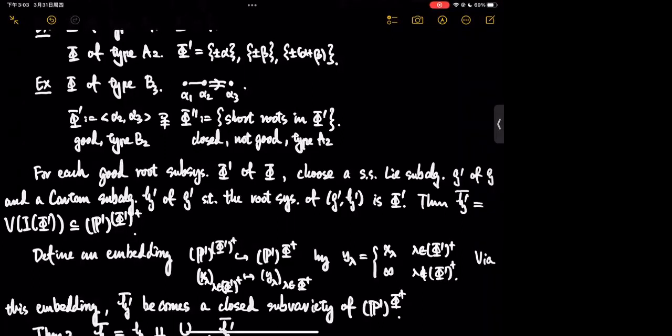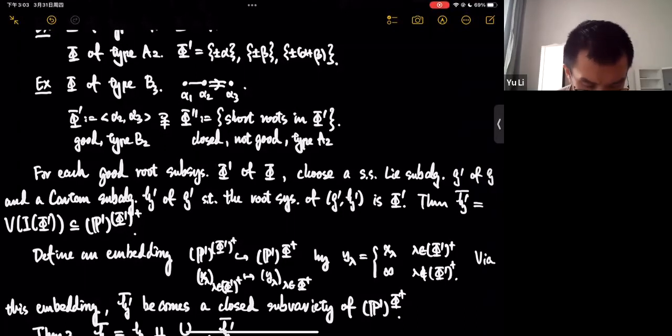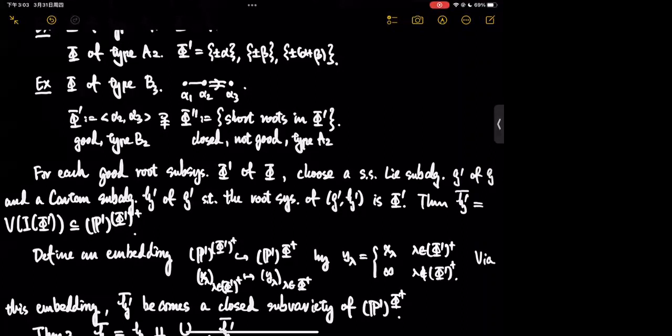Maybe there's no good answer, or maybe the question isn't well posed, but I just wonder if there's a condition where if one subroot system is not closed, then can we say something about the dual system? Maybe in this example, the dual of phi double prime is not closed. That is my impression, but I might be wrong. Okay. All right. Anyway, thank you.